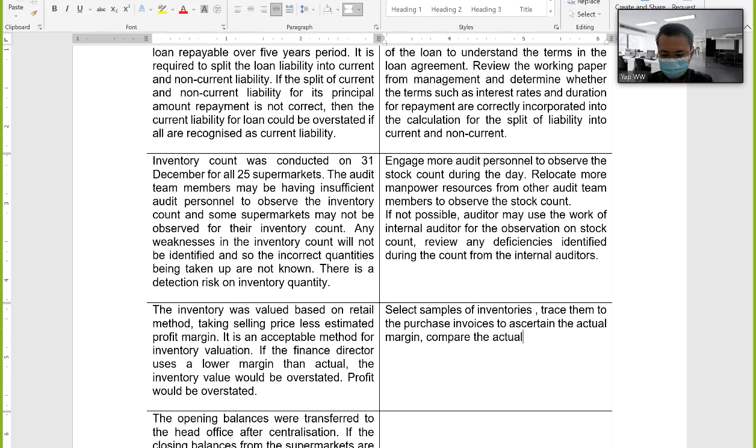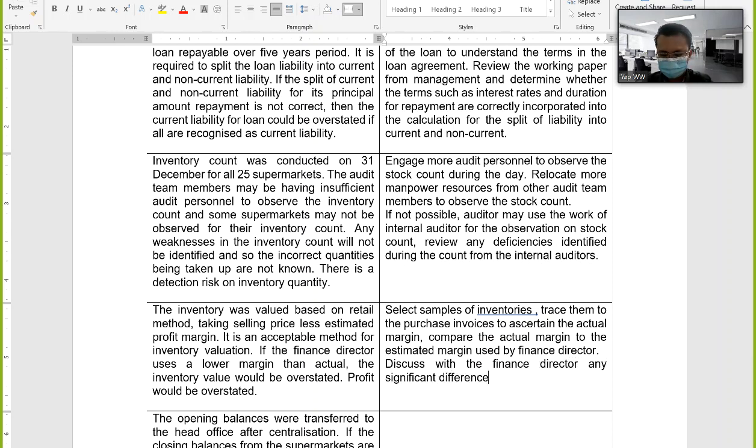Compare the actual margin to the estimated margin used by the finance director. Okay, discuss with the finance director any significant difference.